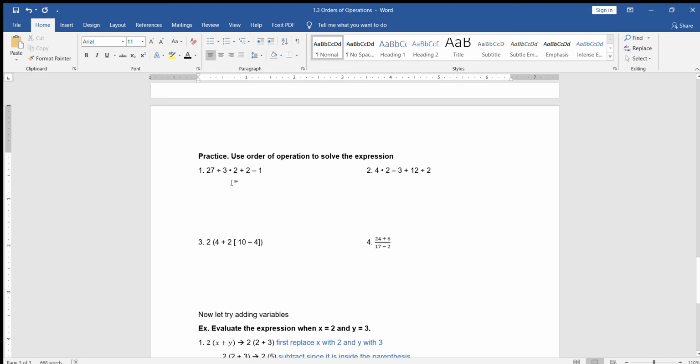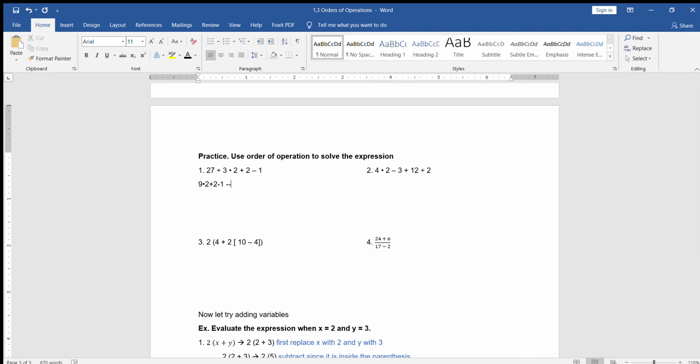First thing first, what do we do first? Do we divide, or multiply, or add or subtract? We're going to divide. So 27 divided by 3 is 9, times 2 plus 2 minus 1.